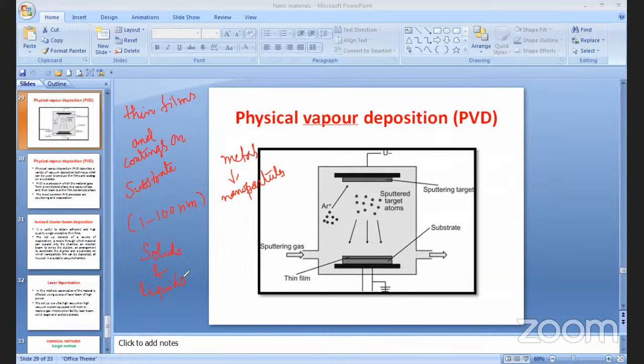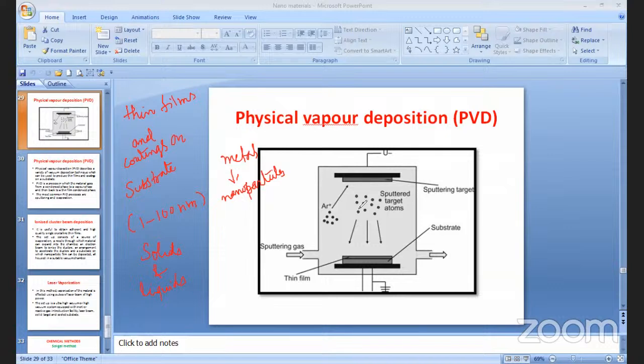Another technique which we have is sputtering. Sputtering is a process of depositing materials of high melting points, where atoms are ejected by the bombardment of the source material with energetic ions, which leads to the generation of nanomaterials here. That is how we deposit these nanoparticles on the target material.